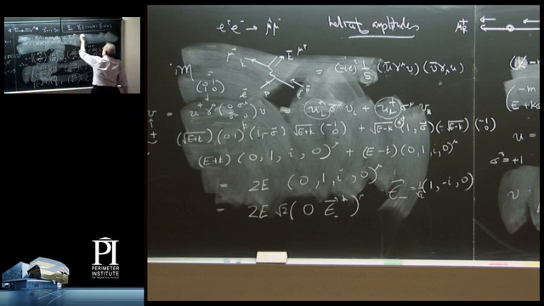So this is producing J3 equals minus 1. This is producing J3 equals plus 1. Now there are only two more matrix elements. Yes?